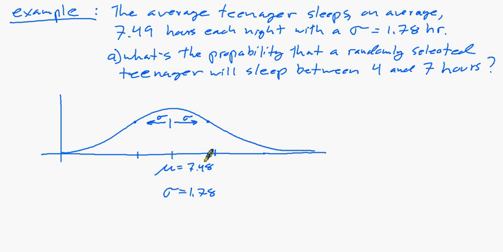We can go plus 1.78 and minus 1.78 from 7.49, and we get 9.27 and 5.71. Well, our 4 is still sort of over here.